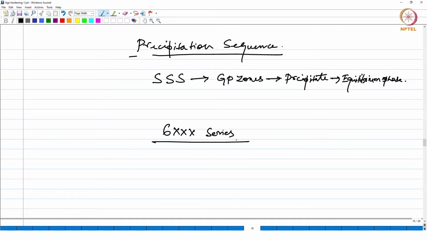So in this lecture today, we are going to continue on it and see the other aspects of precipitation hardening and also the other precipitation hardenable alloys, as to how the precipitate forms and what kind of precipitates are there in other age hardenable aluminum alloys.